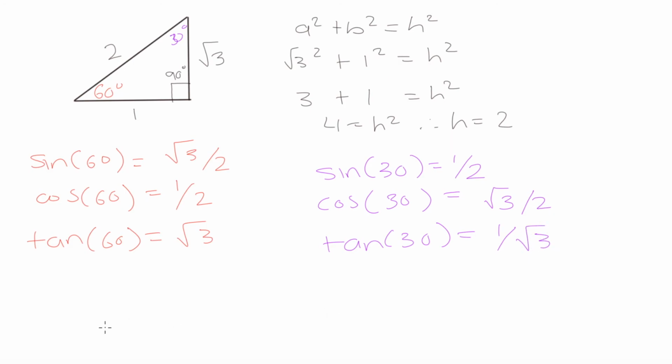So now we know 3 different angles for which we don't need a calculator to solve sine, cosine, tangent. And of course, if we just flip these around to their inverse, we can also solve for cosecant, secant, and cotangent. So we know how to solve for 3 different angles, one that has a value of 45, one that has a value of 60, and one that has a value of 30.